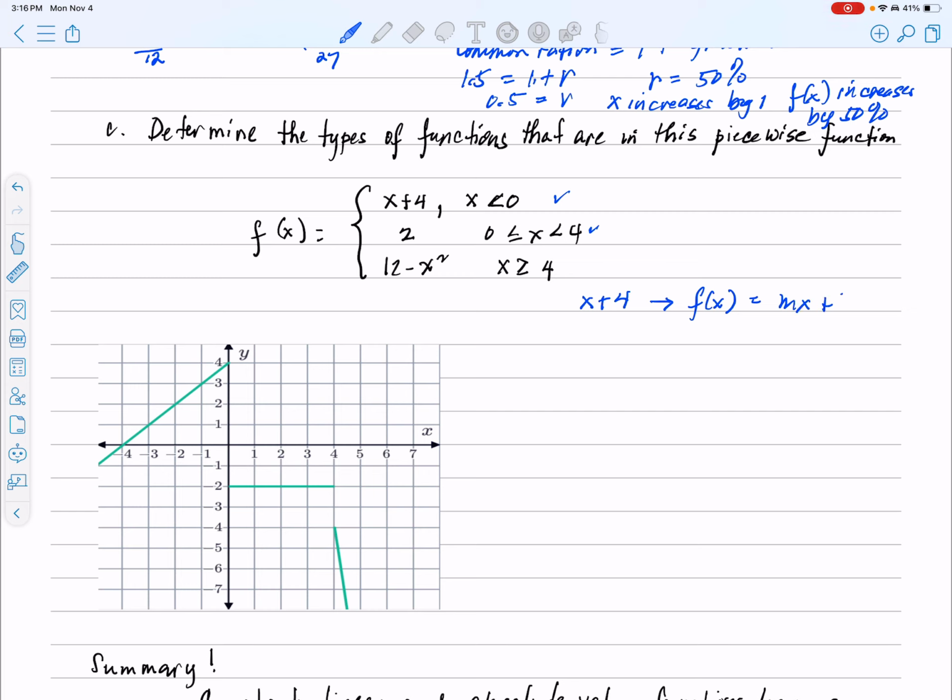So in this case, m is 1 and b is 4. Therefore, the function defines the interval of x less than 0. So this is a linear function. Okay, this is linear.